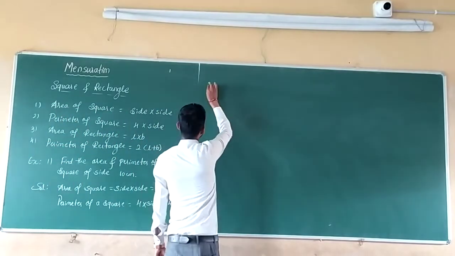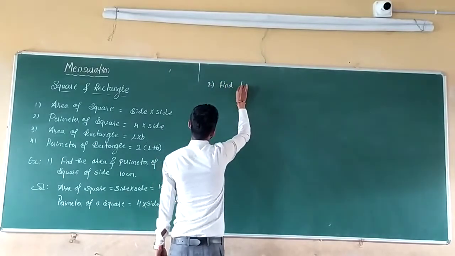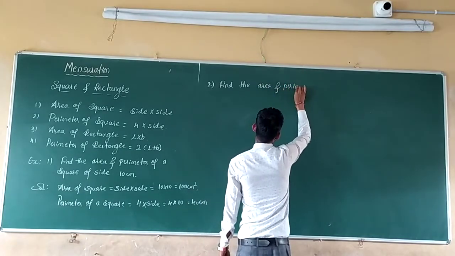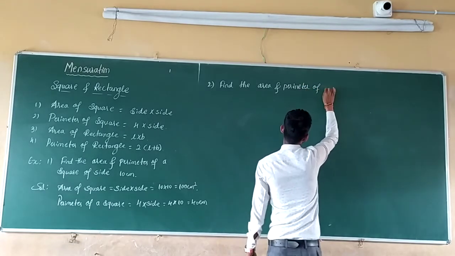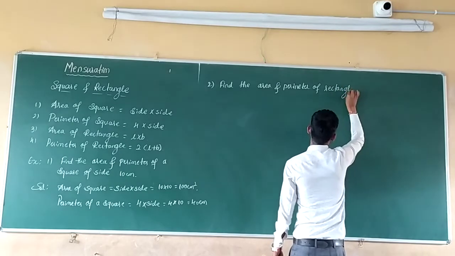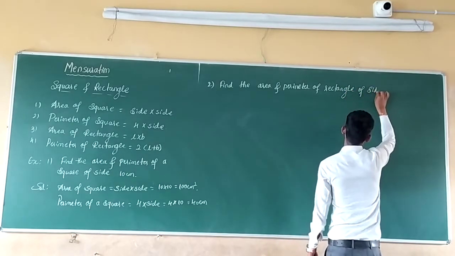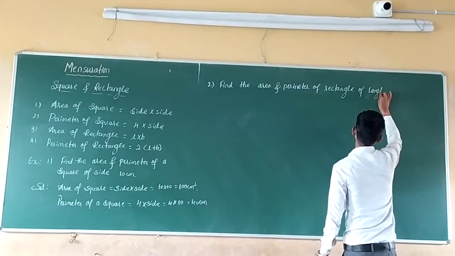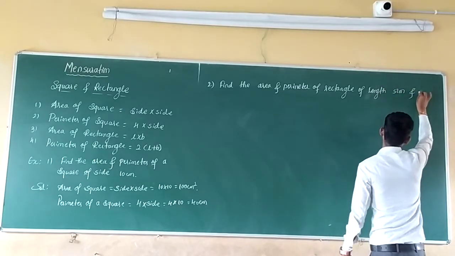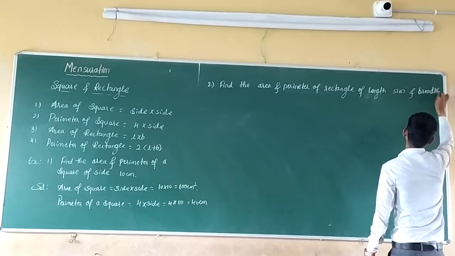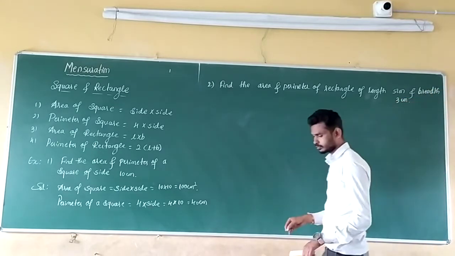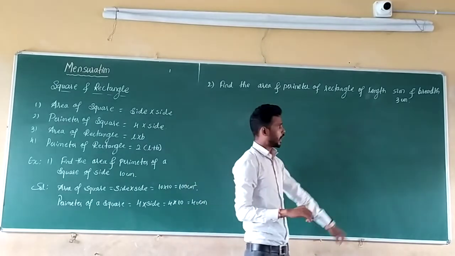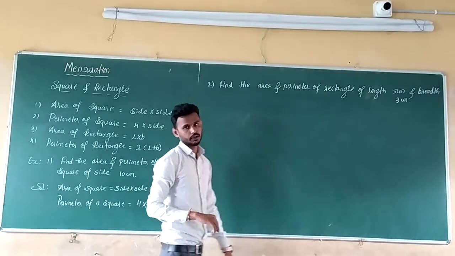Let us take one more example. Find the area and perimeter of a rectangle of length 5 centimeter and breadth 3 centimeter.